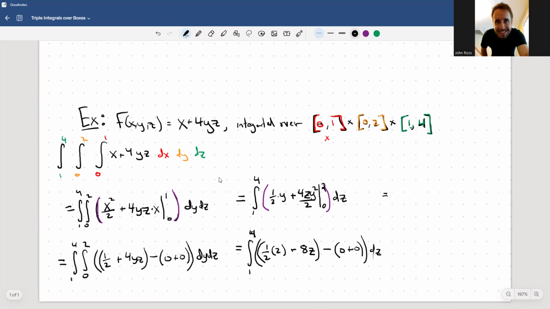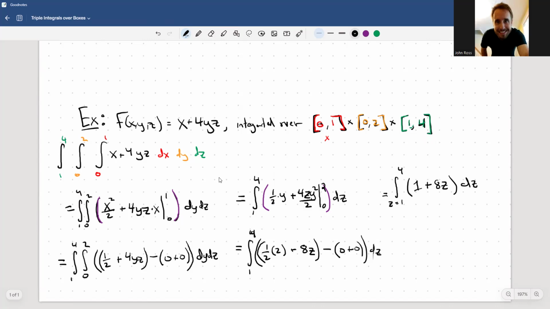I'm going to rewrite this, actually, just to make it a little bit neater. So again, we're just integrating as z goes from 1 to 4. We have the expression 1/2 times 2, so we're integrating the function 1 plus 8z, and we're integrating that dz.